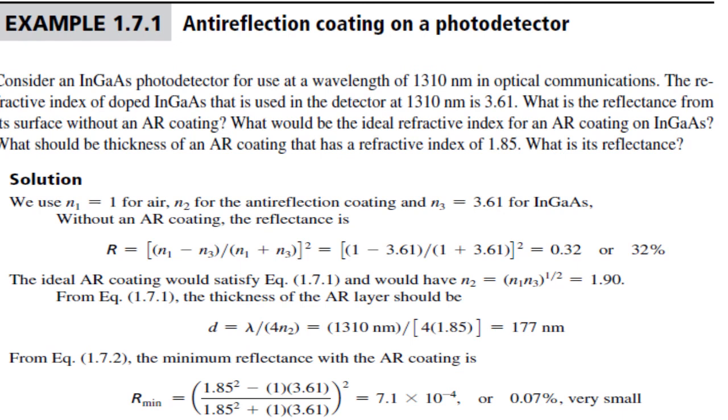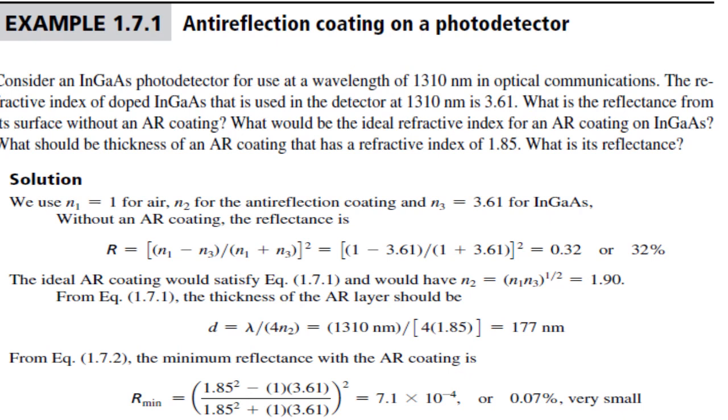The first part is we have to find the reflectance without the AR coating. Without the AR coating, the reflectance comes to about 32%, doing the calculation here. After that, an ideal AR coating would satisfy the equation n2 equals root over n1 n3, which is 1.90.